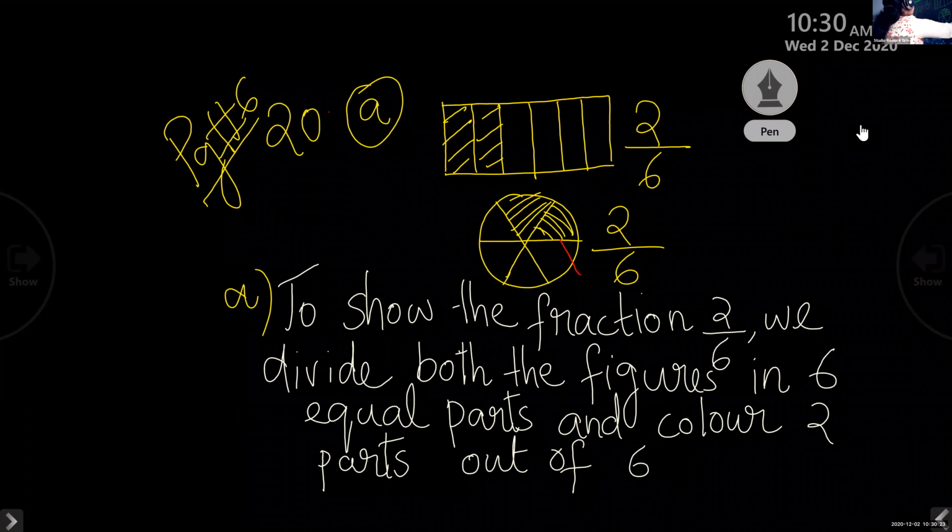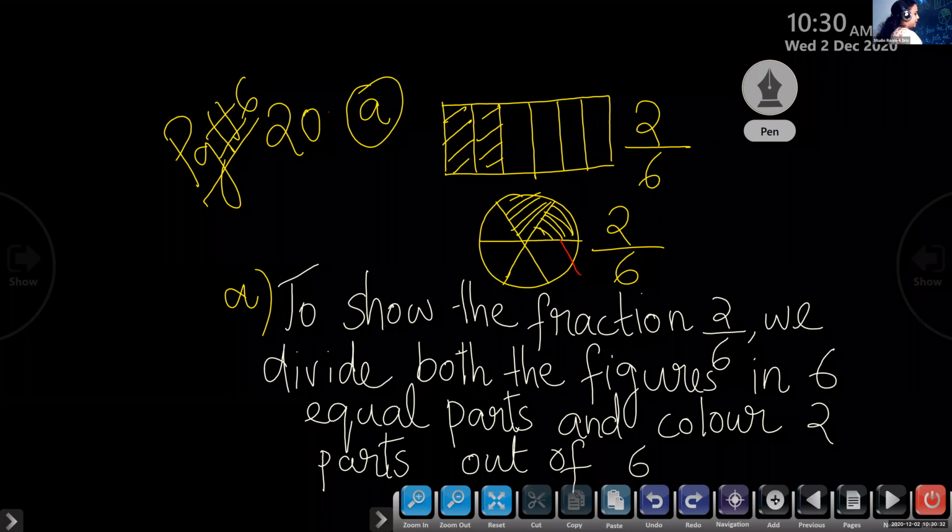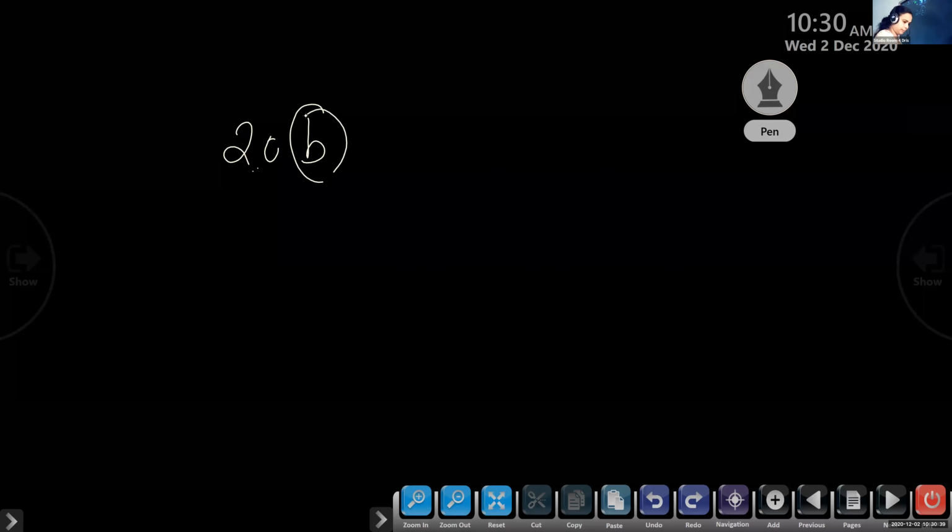Okay. So question number 20A, I hope all of you have finished. Here we have drawn 2 by 6, and what we have done, that also we have written. Now next one, 20B. Children, write with me. 20B.